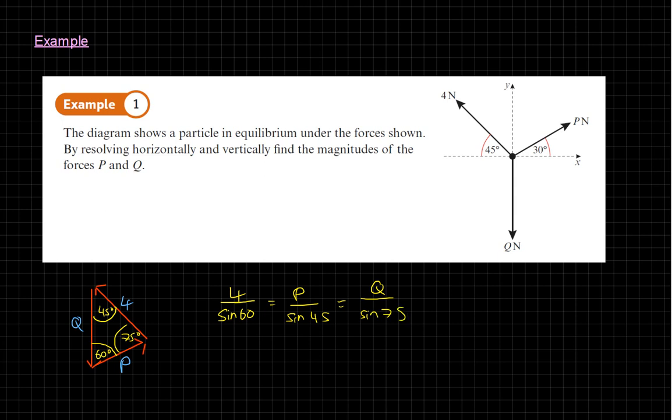Okay, and from that you should be able to just figure out what 4 over sine 60 is, multiply by sine 45, you'll get P, and then in a separate line of working, multiply this by sine 75, and you'll get Q. Very importantly, this force triangle method only works when the object is in equilibrium.